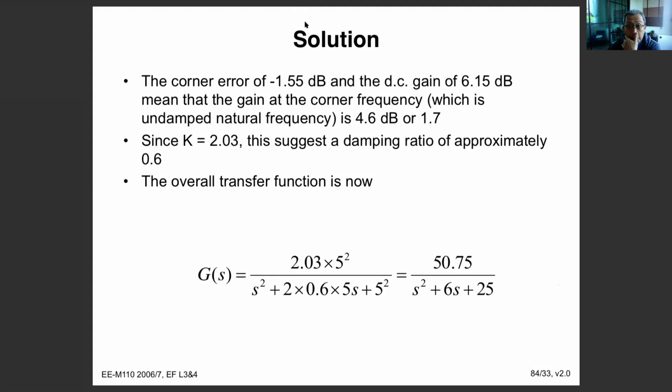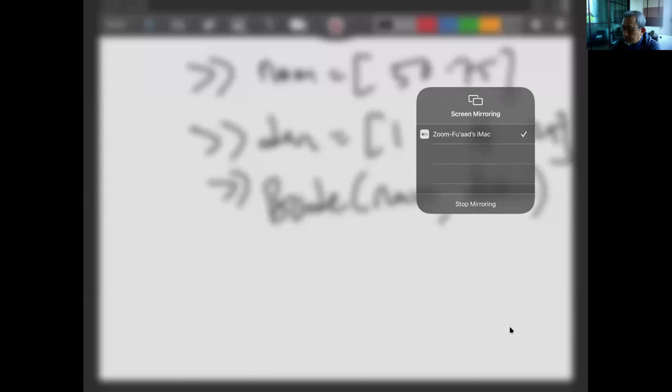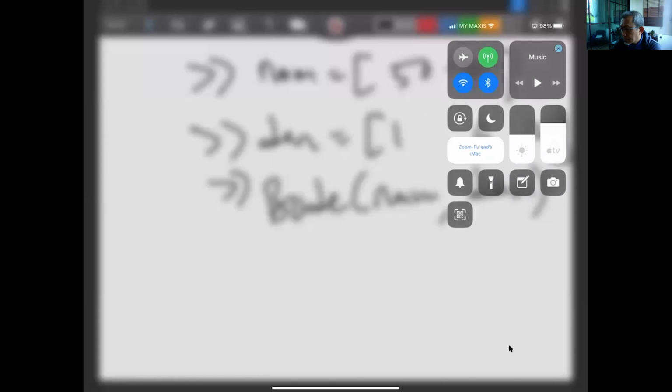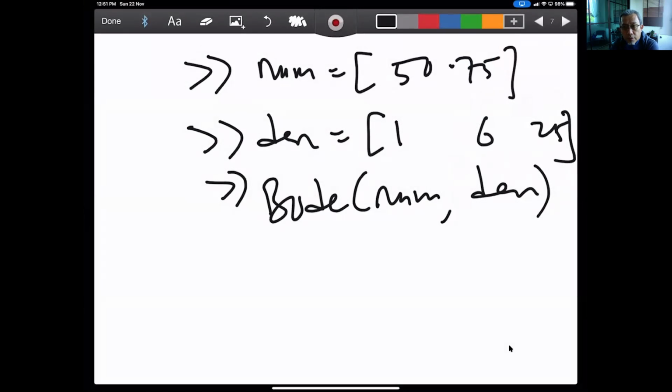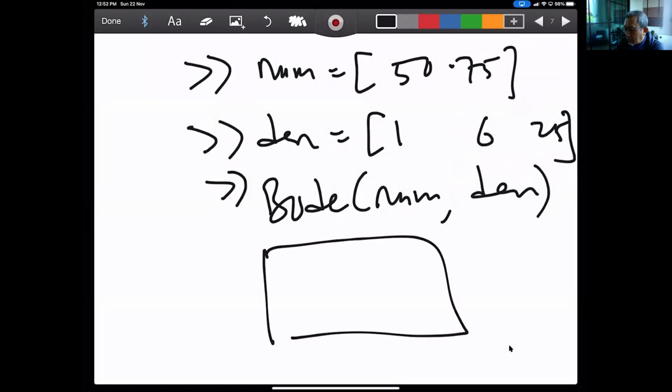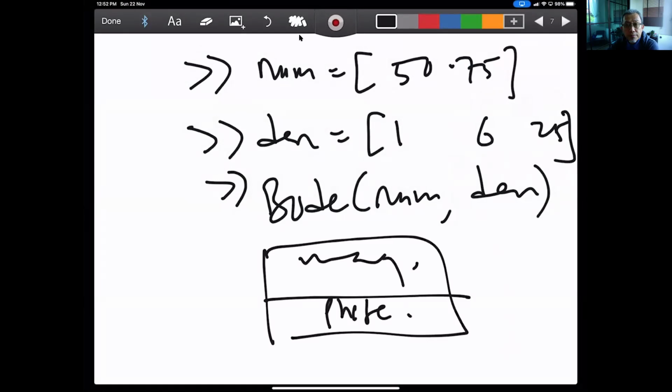I share the computer program with you. Then you can see that the Bode plot will come with the magnitude and phase in one graph.